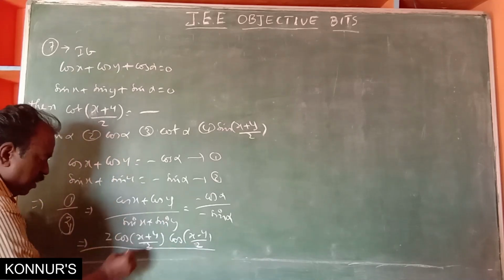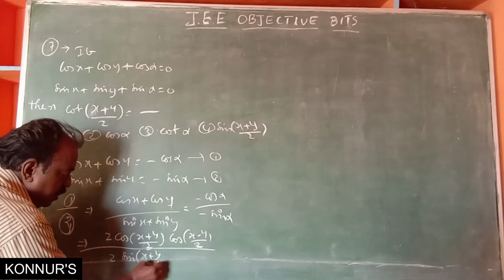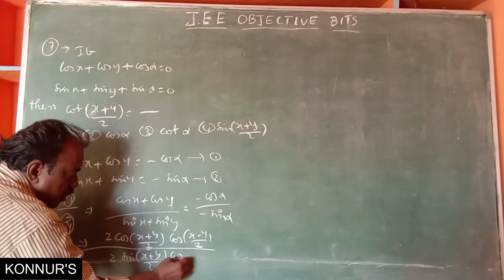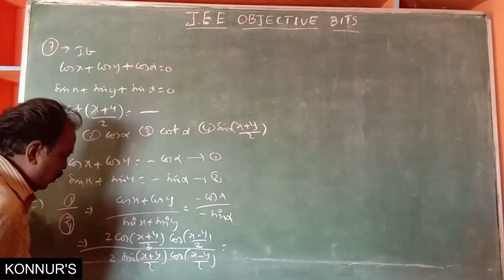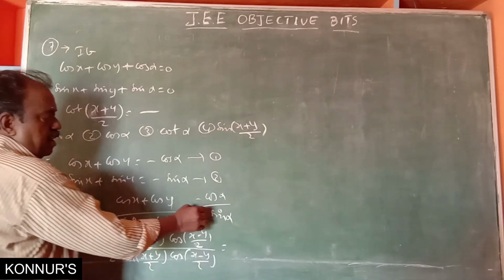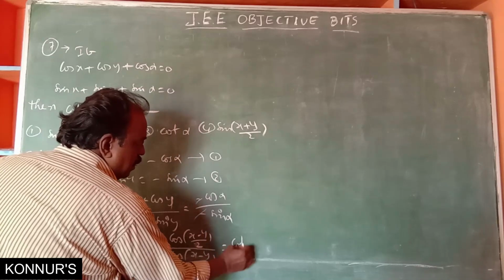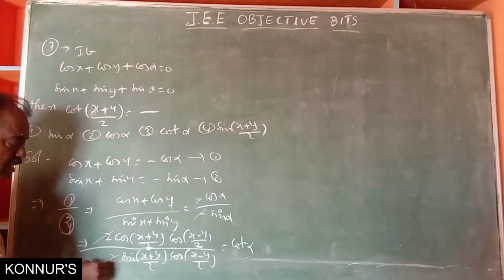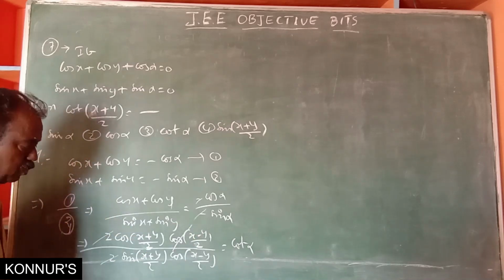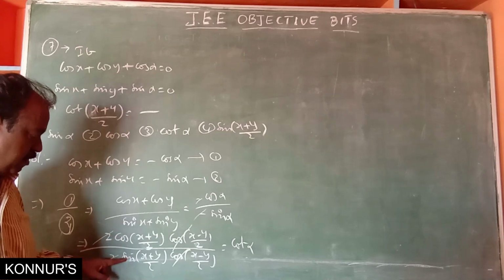And observe, sin C plus sin D is 2 sin((x plus y)/2) into cos((x minus y)/2). So minus, minus, plus; cos by sin is cot. Here the 2 cancels, and cos((x minus y)/2) cancels with the same term. We get cos by sin.